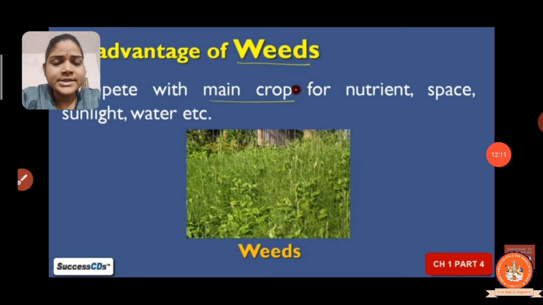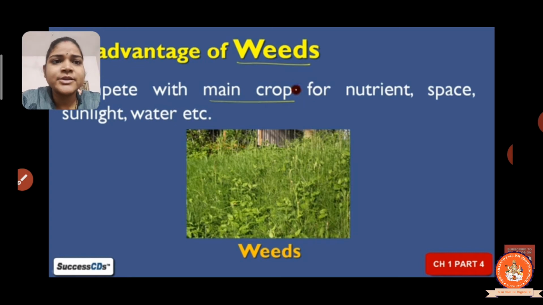Now let us discuss the disadvantages of weeds. When weeds are present with the main crop, they share everything with the crop, such as nutrition, space, sunlight, and water. So that's why we need to remove the weeds.